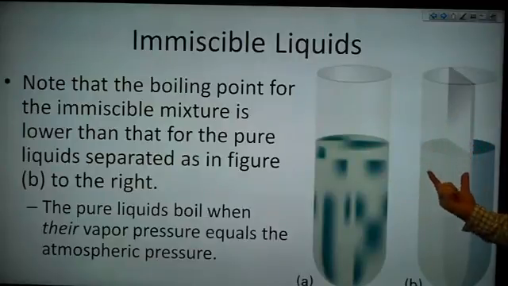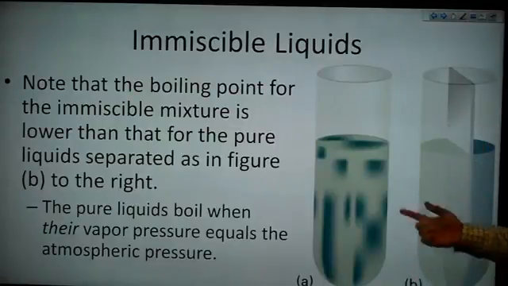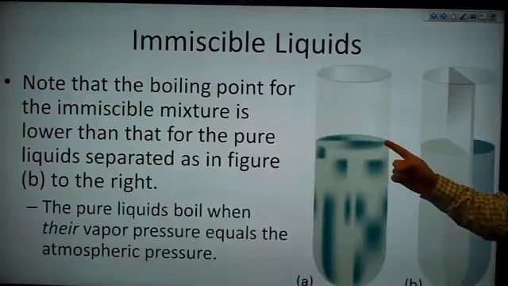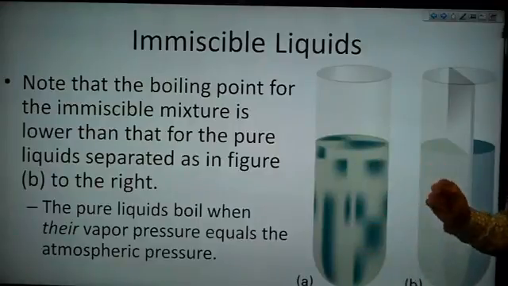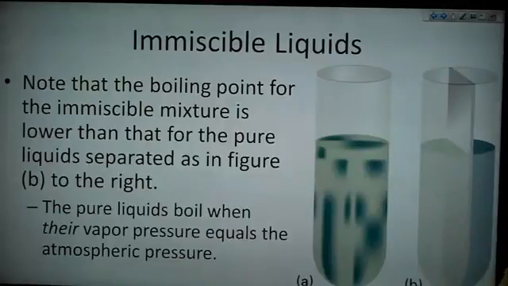So the pure liquid, pure A, will boil when its vapor pressure equals the atmospheric pressure, not when the sum of the two equals the atmospheric pressure. So A will boil when A's vapor pressure reaches the atmospheric pressure, and B will boil when B's vapor pressure reaches the atmospheric pressure.